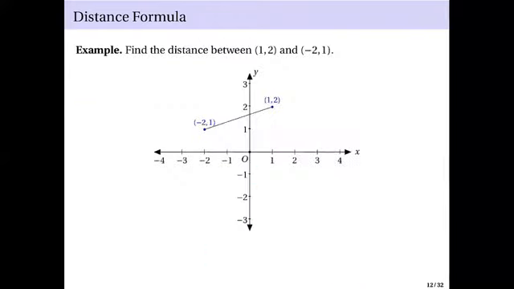Let us consider this actual example. You want to find the distance between negative 2, 1 and 1, 2. If we use the same illustration as before, you draw a triangle, particularly a right triangle, and this point here, you will see that it has coordinates 1, 1.